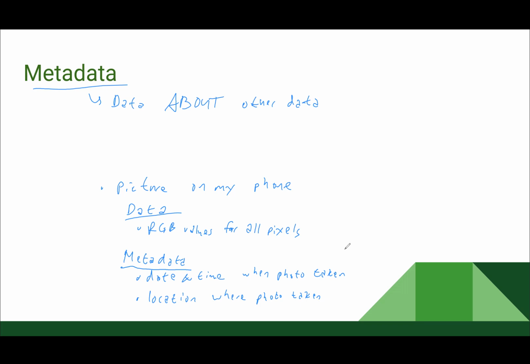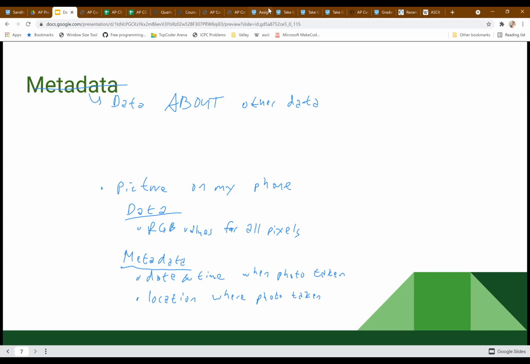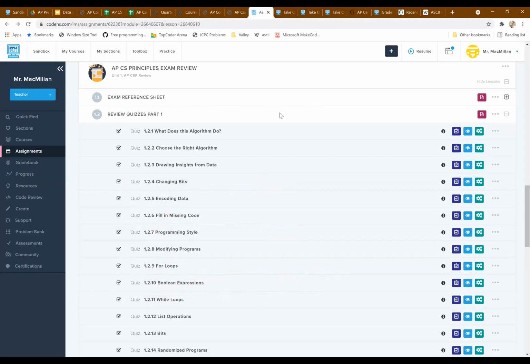There are questions on the exam that will ask you about both data and the metadata about this data. So we're going to be doing a few different little practice ones today. I'll clear this off.